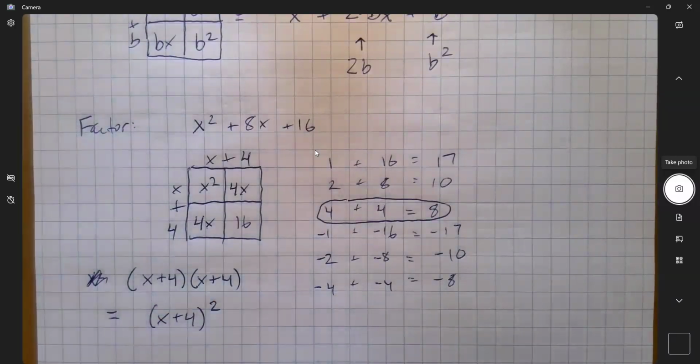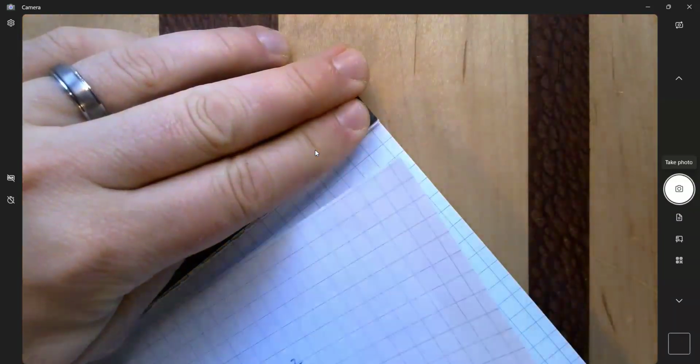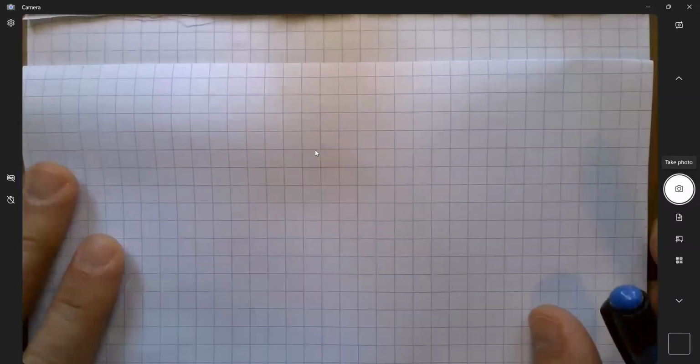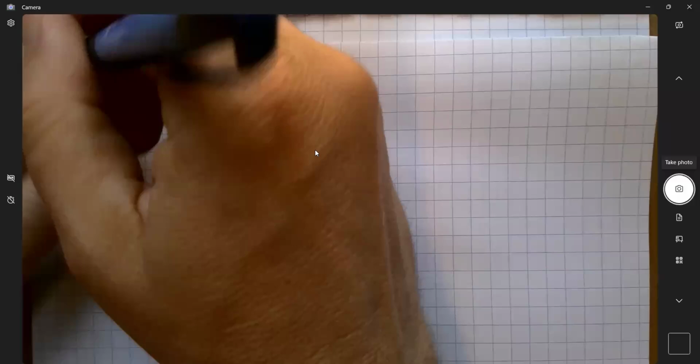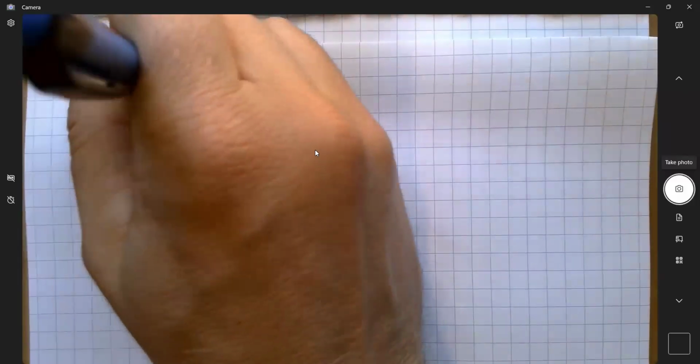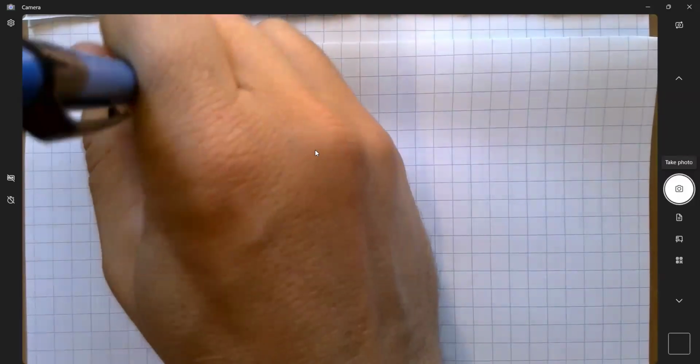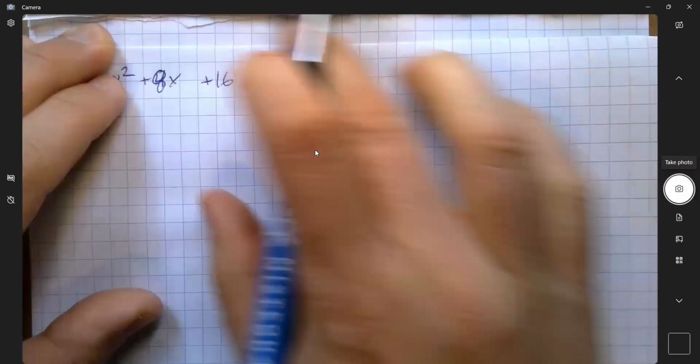Now, if we wanted to use our special cases, what we would do is pause before we jump into the box method, and just do a little bit of analyzing before we do the operations. X squared plus 8x plus 16.